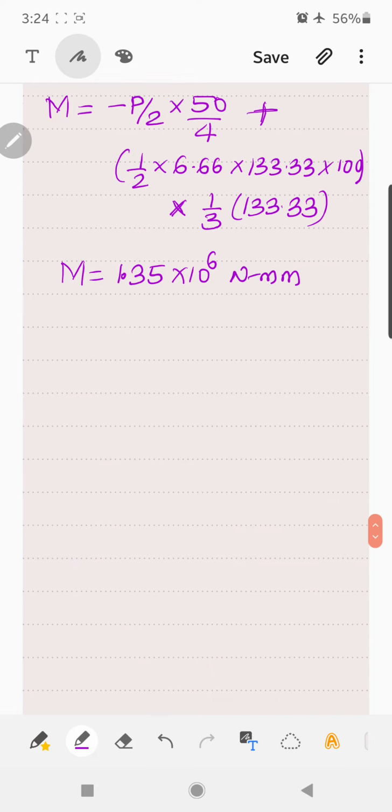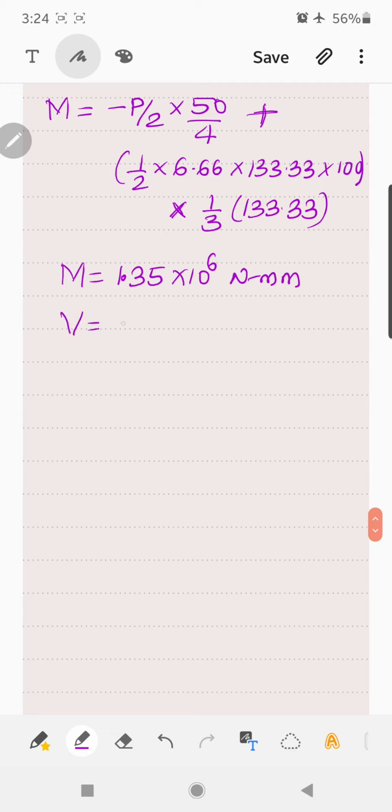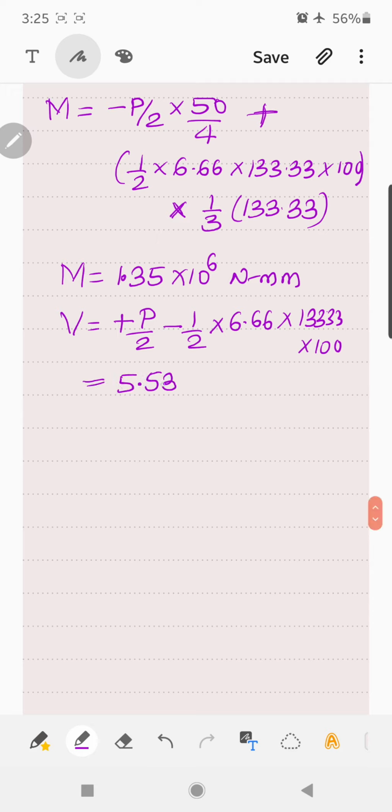This is the moment value, and the shear force value is minus P by 2 minus 1 by 2 into 6.66 into 133.33 into 100. This is the force due to stress, plus the pre-stressing force P by 2. So the total shear is 5.53 kilonewton. Now you know M, you know V, you can calculate FV.